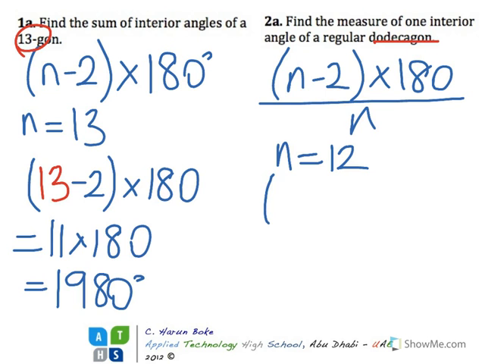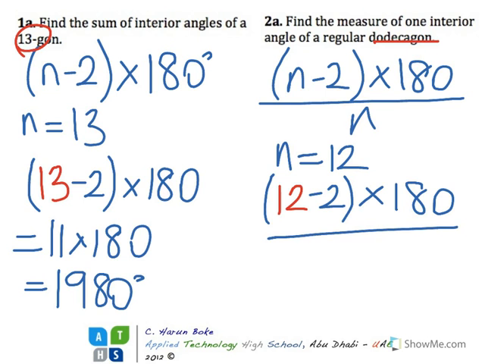Hence I'm going to substitute 12 instead of n. So 12 minus 2 times 180 divided by 12, which, if you go through the calculation, you're going to get 150 degrees as one of the interior angles.